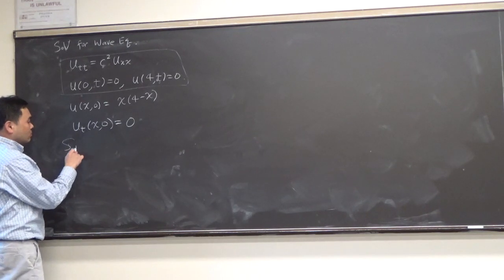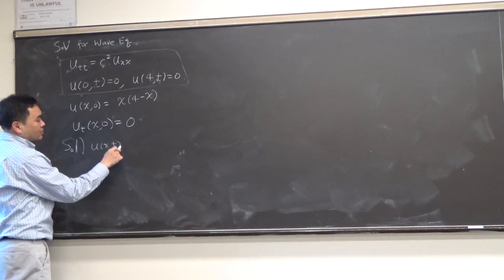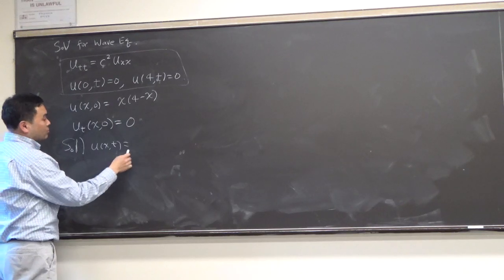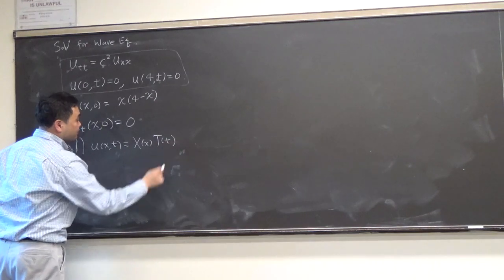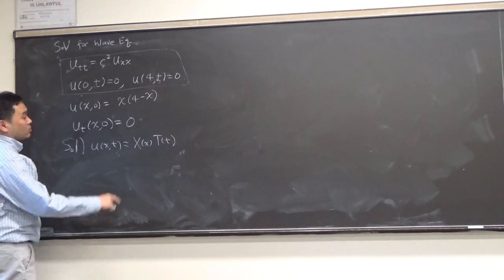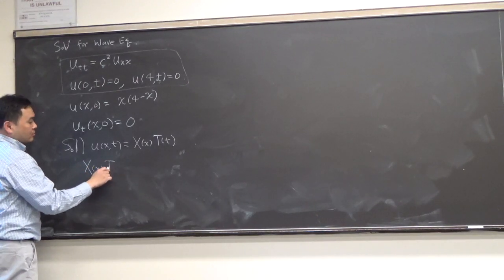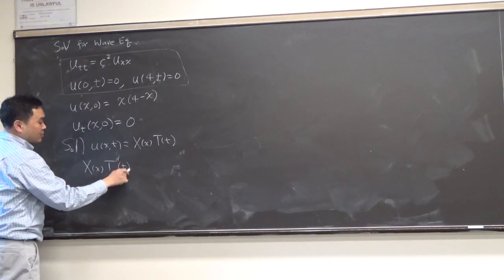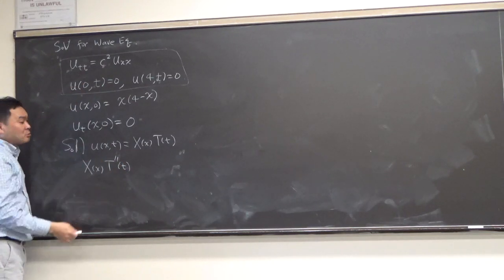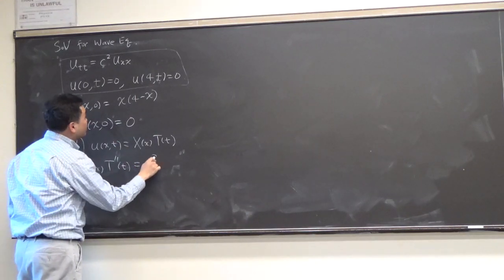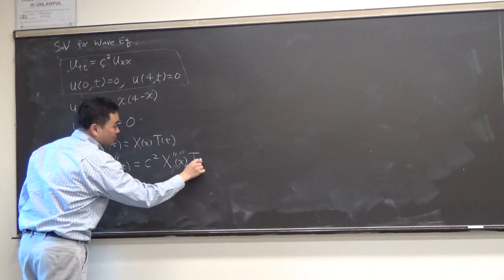So for the solution, we set u(x,t) as a function of x times a function of t, and you plug it into here, which gives you X T double prime of t. Because it's a second derivative with respect to t, it will be X T double prime equals c squared X double prime T.